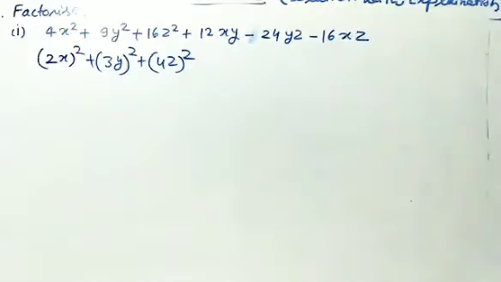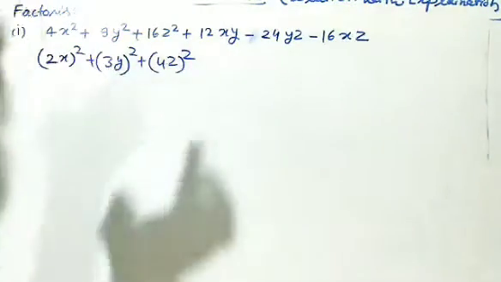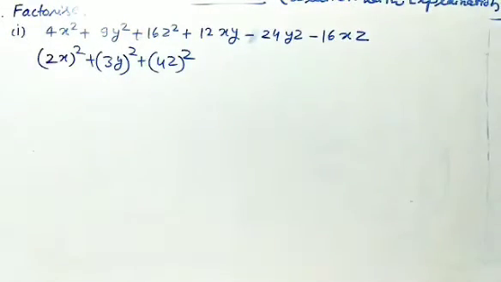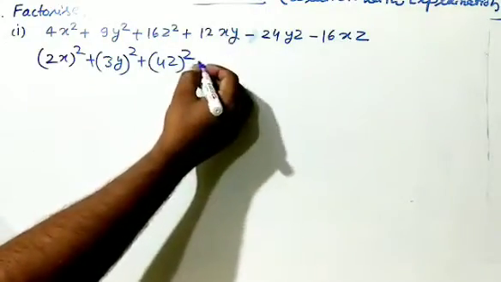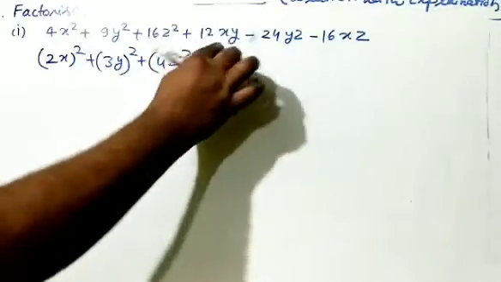I have solved the first half, but from this we can assume that the identity is x square plus y square plus z square plus 2xy plus 2yz plus 2zx. It should be like this. So I am writing here 2, it is the xy term.